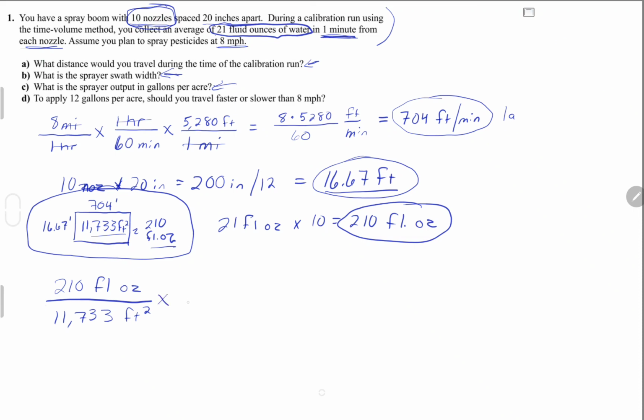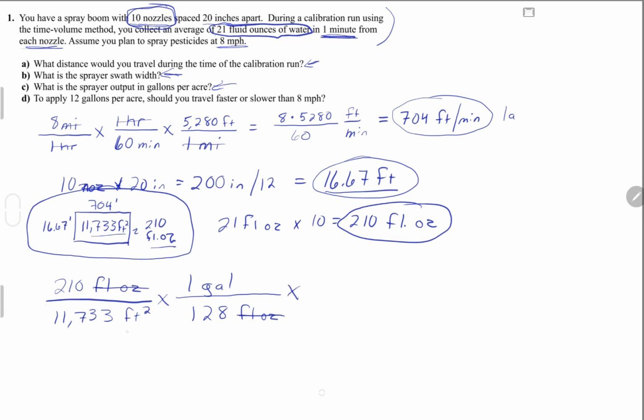Then we do unit conversions, so we want to get to gallons, and so we'll do 1 gallon is equal to 128 fluid ounces, which cancels that unit out.